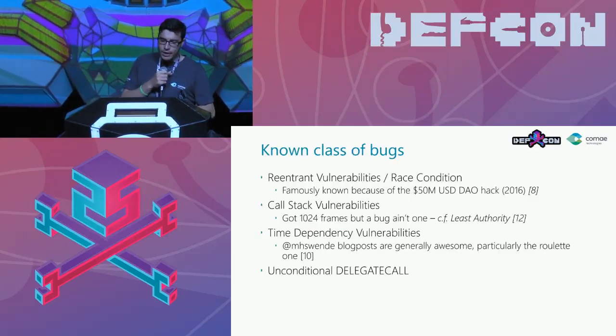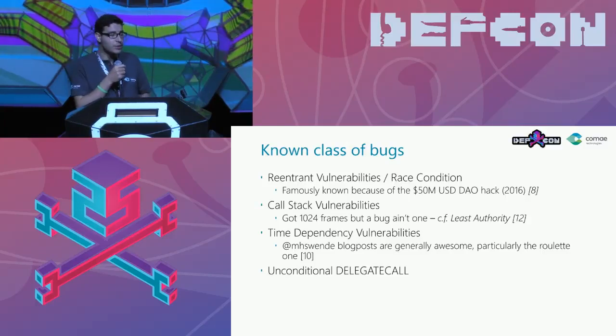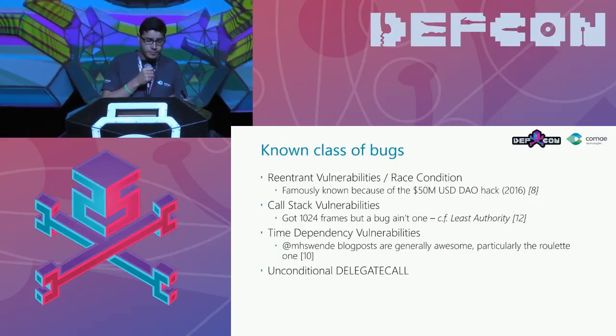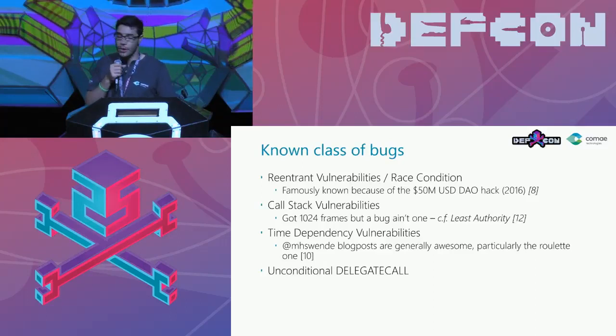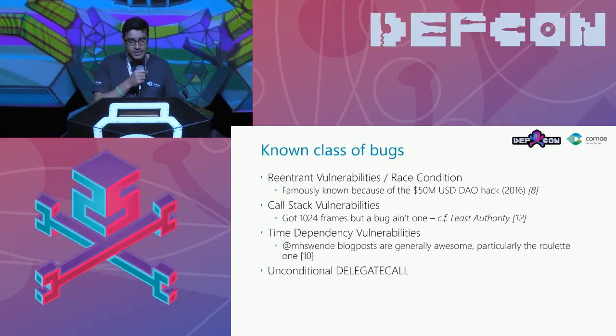So far, there are a few classes of bugs that have been detected. The first one was the race condition used for the DAO, then the call stack vulnerability. There are some good papers about it, where, like I was saying before, the virtual stack itself is limited, and once you use all of it, it's not even returning an exception. And for a while, there were some issues with throwing exceptions and reverting the state of a contract.